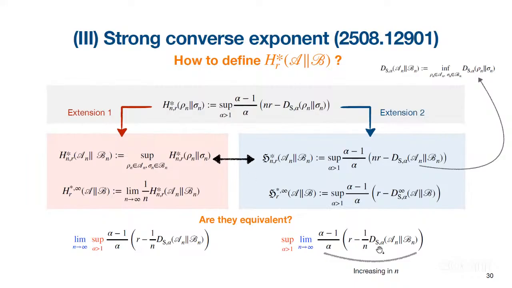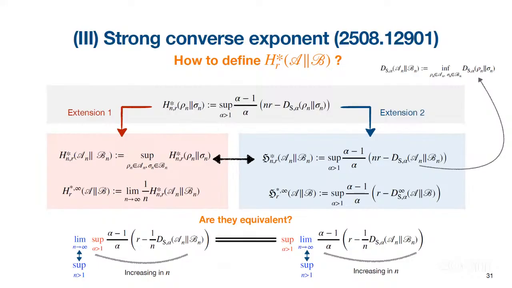For the objective function, you can prove that it is increasing in n, and also after you take the supremum over alpha, this function is still increasing in n. This helps us: if you have a sequence of increasing lambdas, then you can replace the limit by a supremum. Essentially, you have two suprema to work with, so you can swap them freely.